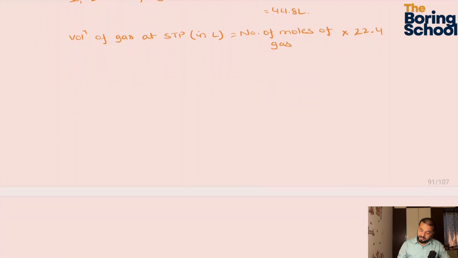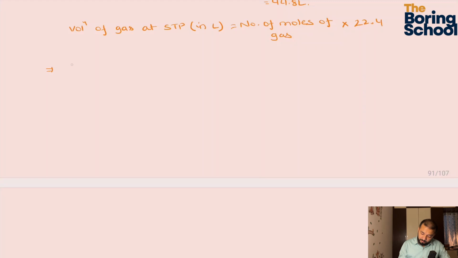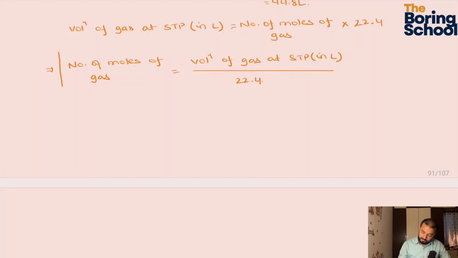So from here we get a formula to calculate the number of moles: number of moles of gas is equal to volume of gas at STP in liters divided by 22.4.